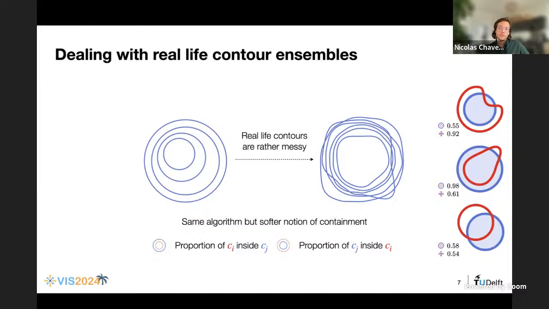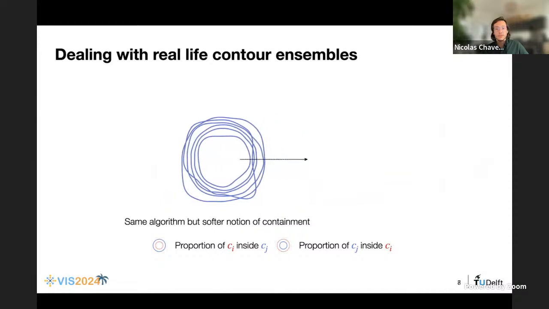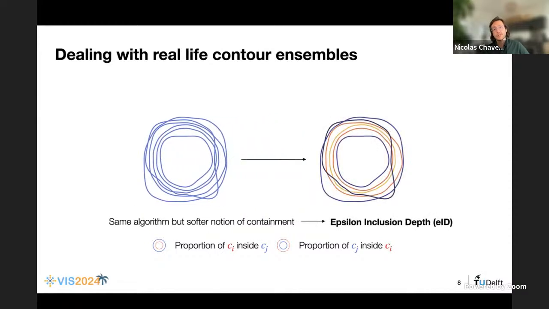When the two contours move away from each other, the two fractions accordingly go down. With this softer notion of containment, we can compute scores that are meaningful for ensembles that have real-life behavior with overlapping and crossover. We called the new inclusion depth version using this softer containment notion epsilon inclusion depth.